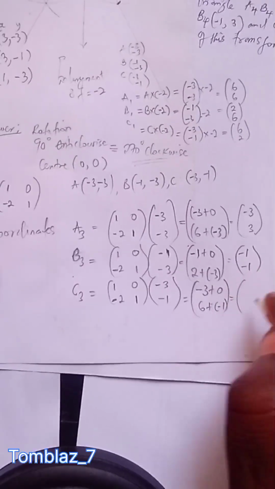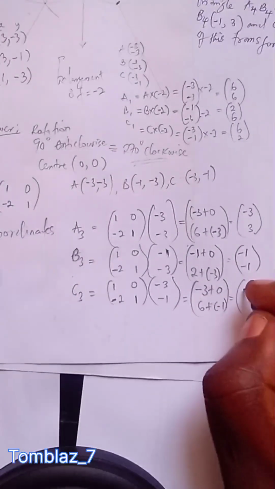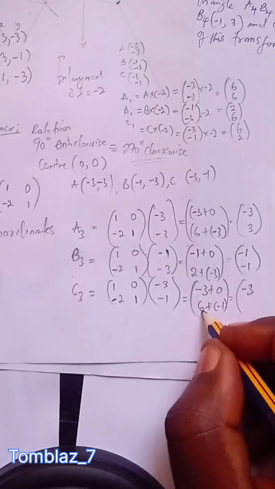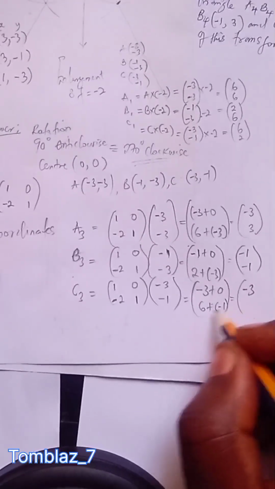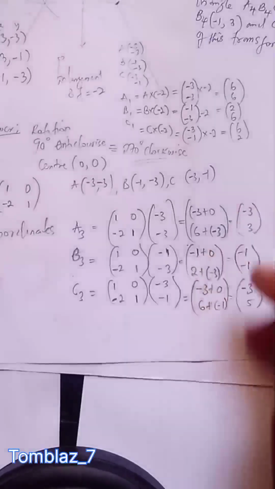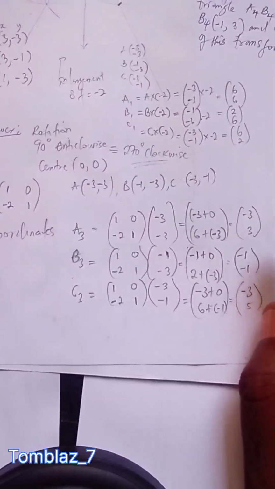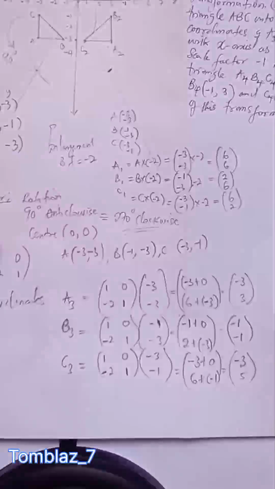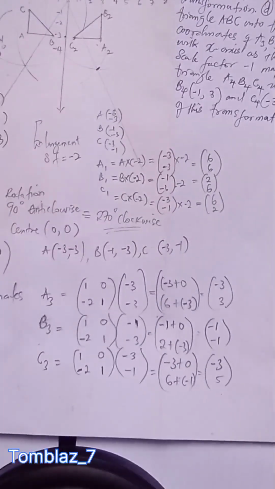So in conclusion, we'll be having -3, plus times minus is minus, so 6 minus 1 will give you 5. So these are the coordinates. If you wish, you can draw it, but it is not asked that we should draw it, right?